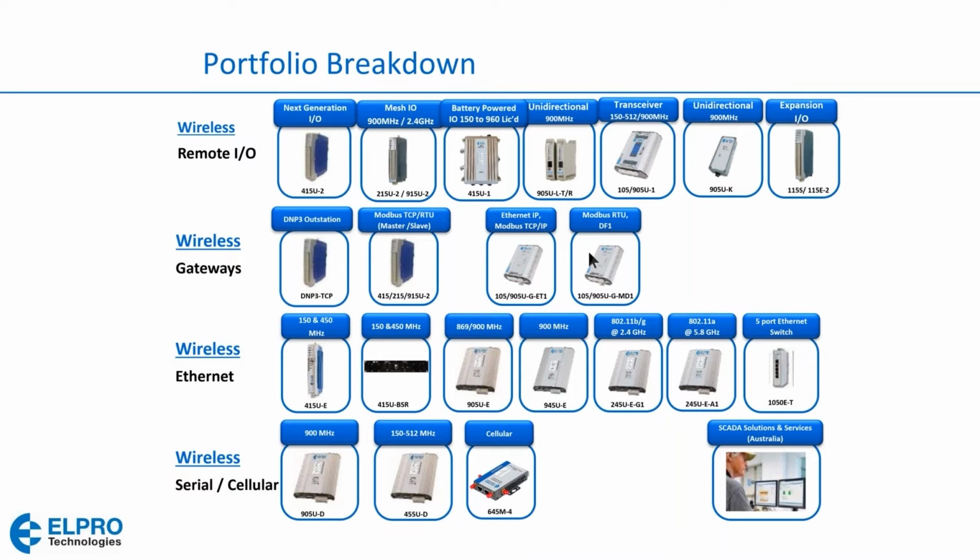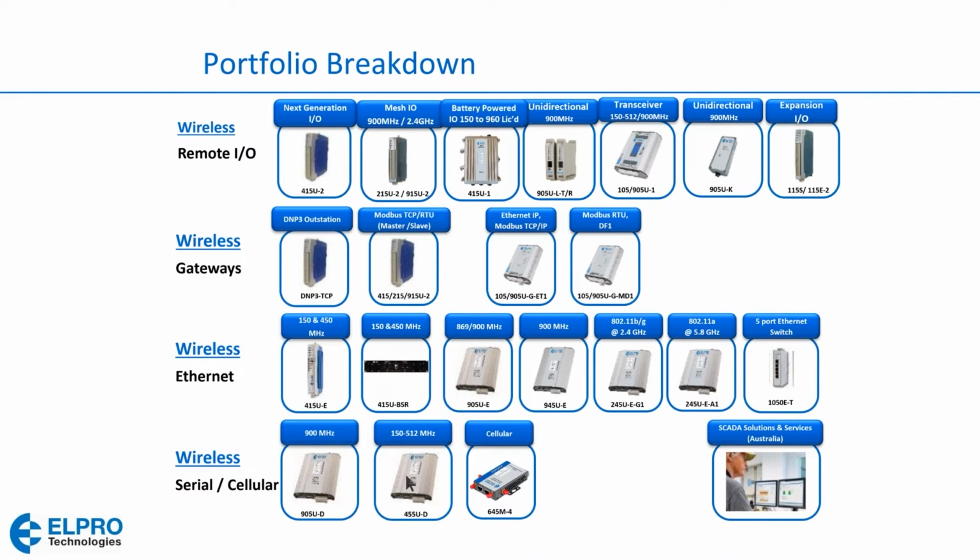In the second row, these are our gateway type products, typically located in the control room. They can communicate using protocols to PLCs or DCS or a computer running a SCADA software program. On the third row, these are our Ethernet pass-through modems. So whatever you put into one radio comes out the opposite radio.